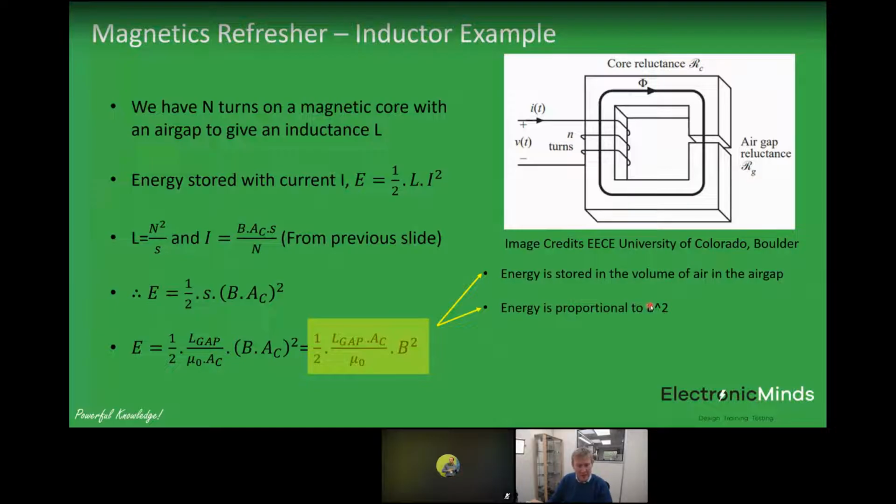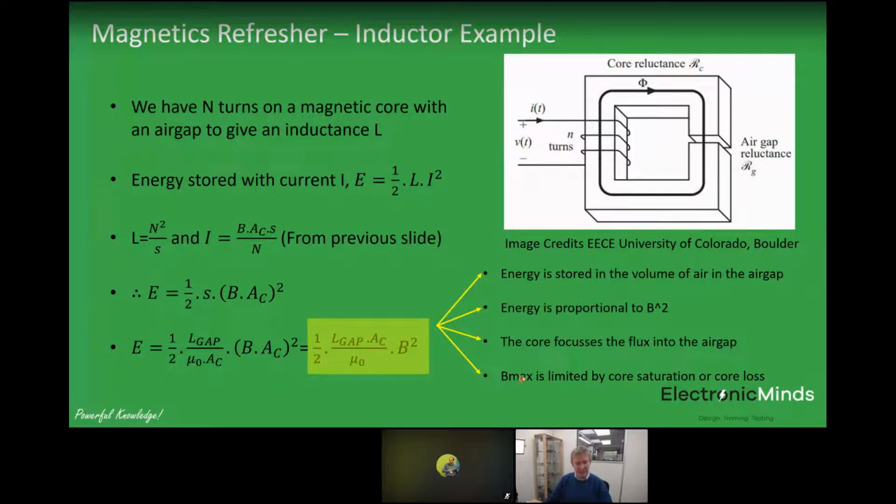As most energy equations are, there's always a square term. In this case, it's the flux density squared. And as I said before, the core is focusing the flux into that air gap. That's its job. However, now that we've got a magnetic material here, we can't go higher than the saturation of the particular core material, because then what would happen is the core would effectively disappear and would have a huge air gap.